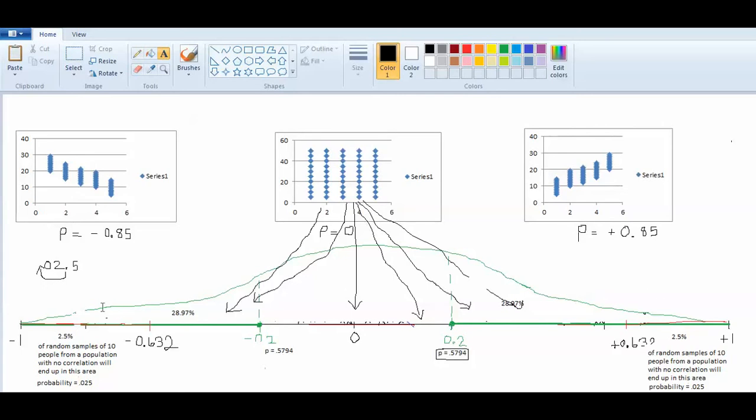So that means that 95% of the time they land somewhere in this middle area between these 2 points right here, and 5% of the time they end up further out this way or further out this way in one of the 2 red areas.